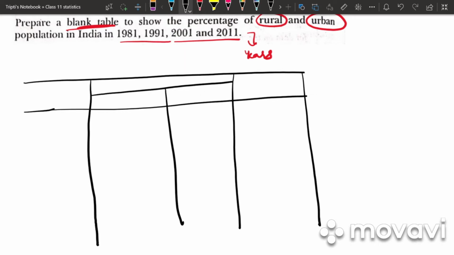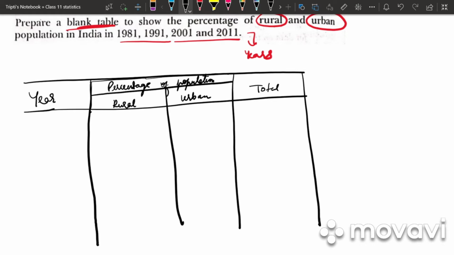So the first column will be year, and then we will be dividing our next column into two parts. That is, the heading will be percentage of population, that is rural and urban, and last column will be total.